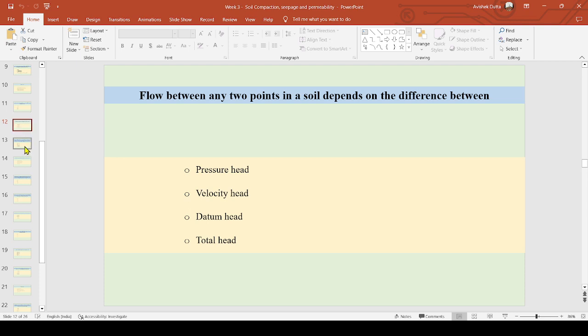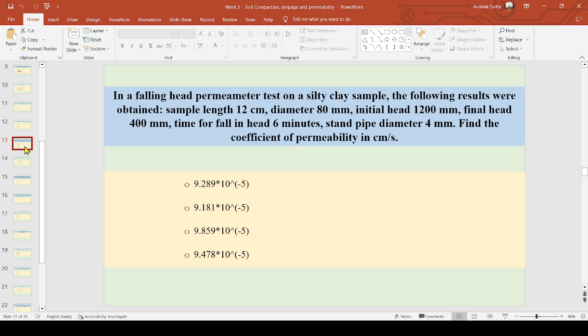Next question. In a falling head permeameter test on a silty clay sample, the following results were obtained.